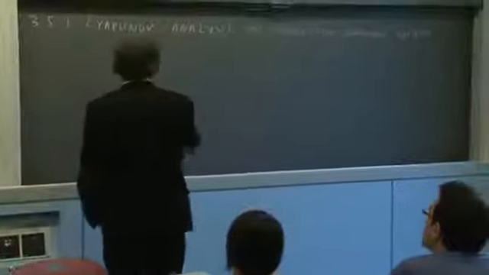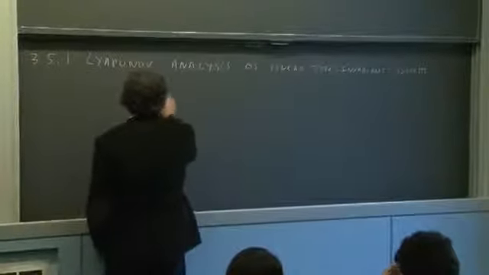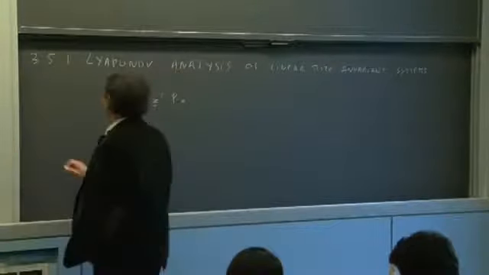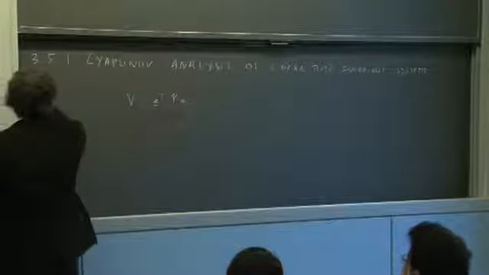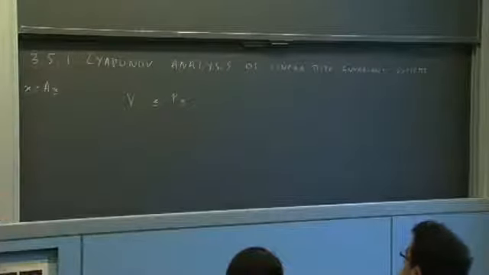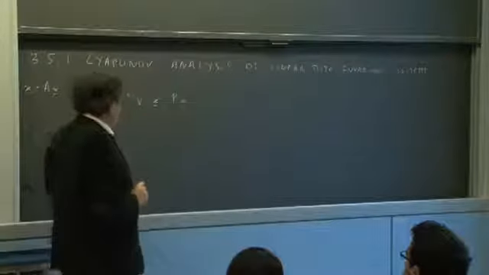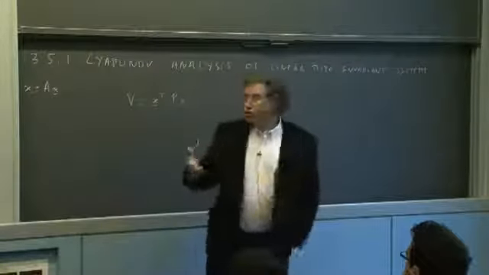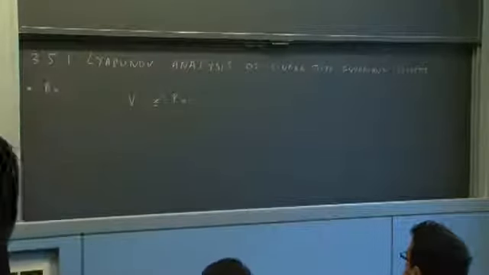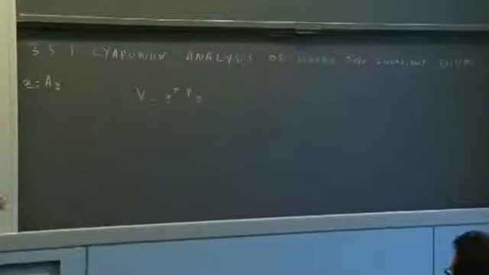So we had started doing this after a brief review on matrix algebra. Remember, the idea was to say, okay, what we're going to do is, for a system x dot equals Ax, a linear time invariant system, we're going to look for a Lyapunov function to describe the stability of the system.